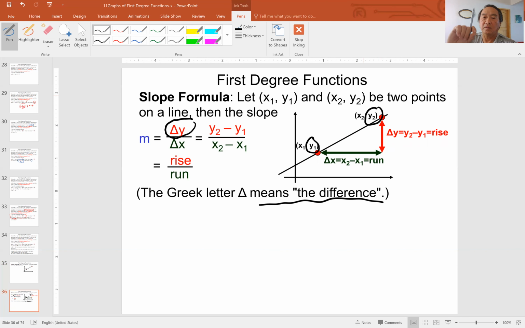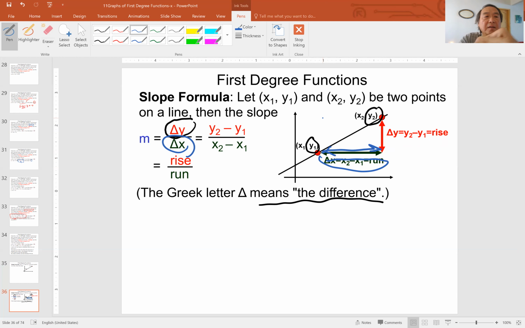The height of one point versus the height of the other point, how much rise there is from one to the other. And then the denominator, delta x, is the run, horizontally, how much displacement there is going from one point to the other.